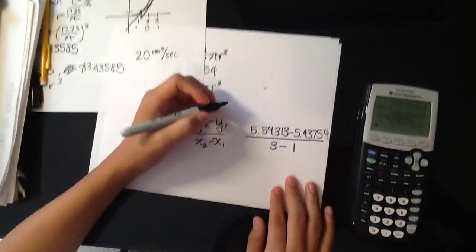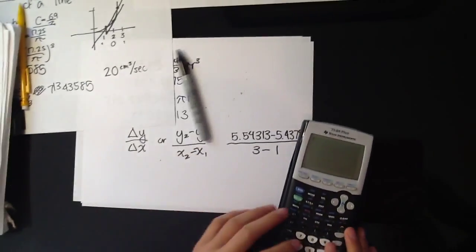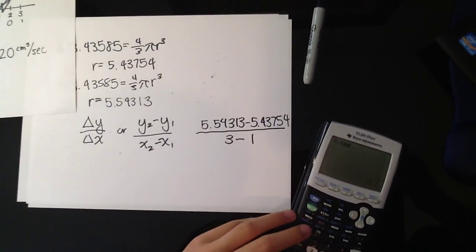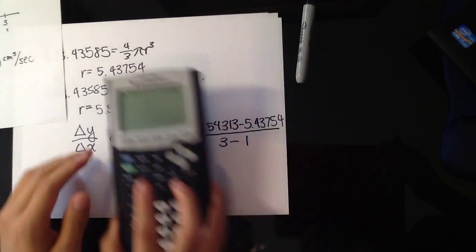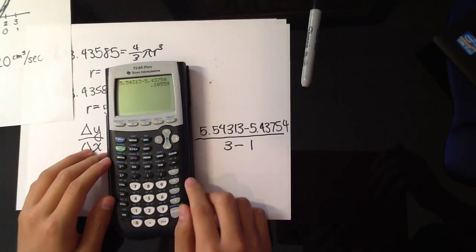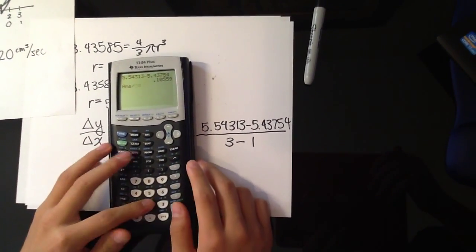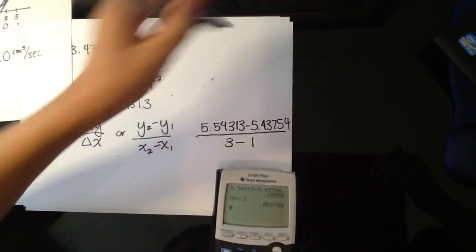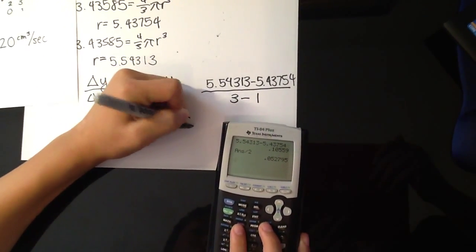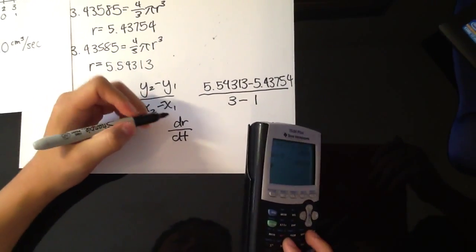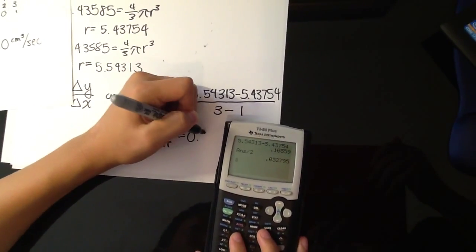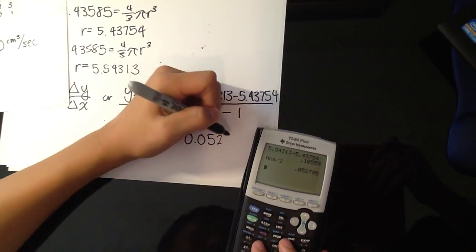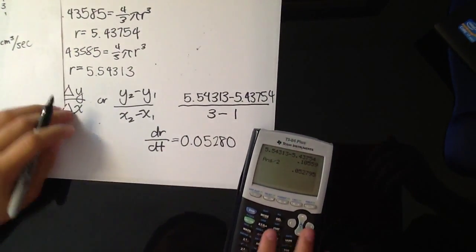So we solve this, and then we get 5.54313 minus 5.43754 equals that, over 3 minus 1, which is just 2, and you get dr/dt, the rate at which the soccer ball's radius changes over time, equals 0.05280 centimeters per second.